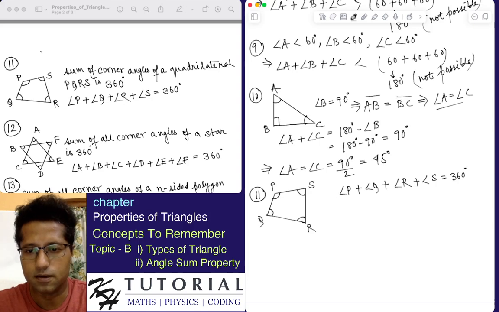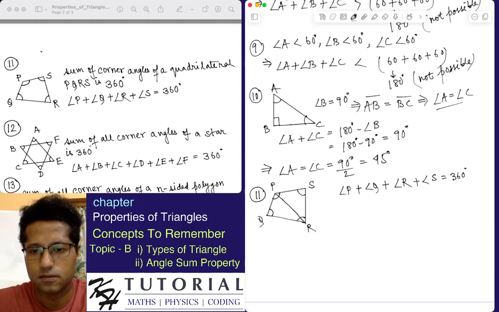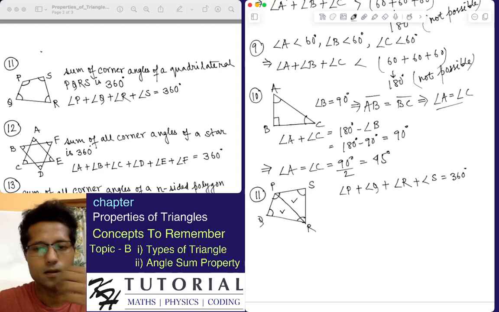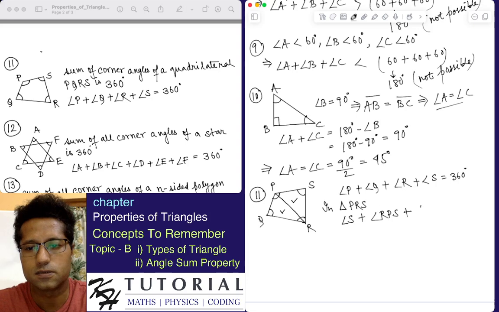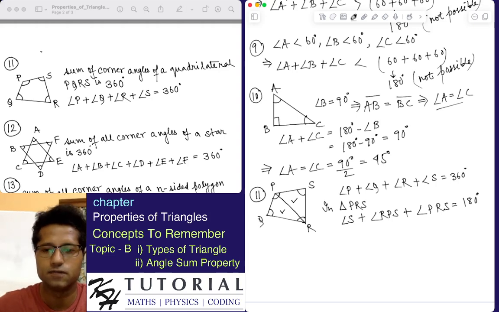So if you connect the diagonal PR, you will get two triangles, this one and this one. Now in triangle PRS, you will have angle S plus angle RPS plus angle PRS equal to 180 degrees, because the sum of three angles of any triangle is 180 degrees.